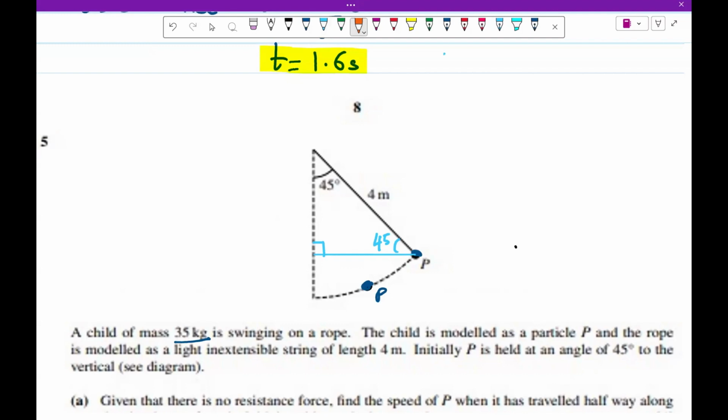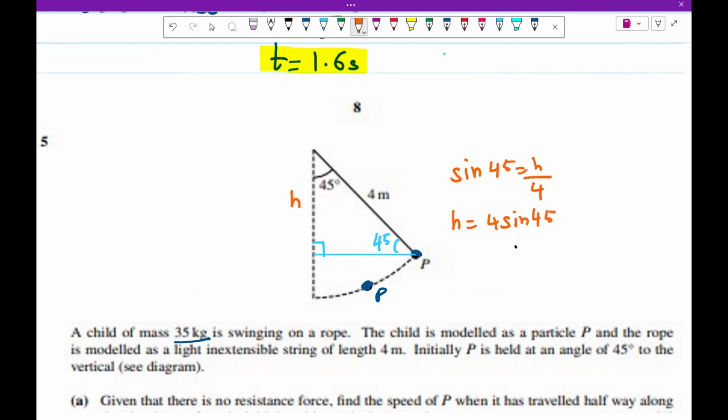So we know that sine 45, let's say this is h over 4, equals sine 45.